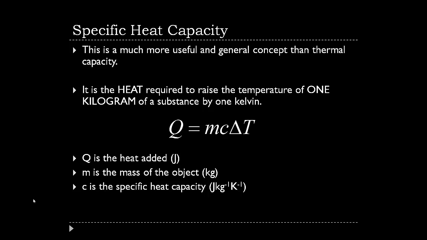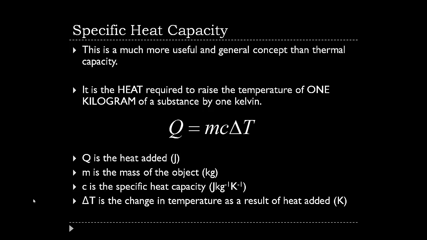So iron has a specific heat capacity, lead has a different specific heat capacity, water has a different one, air has a different one. And so this specific heat capacity allows us to compare the amount of heat required to raise different substances by the same temperature change.